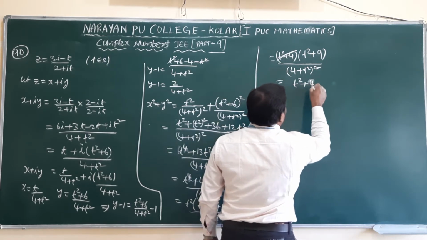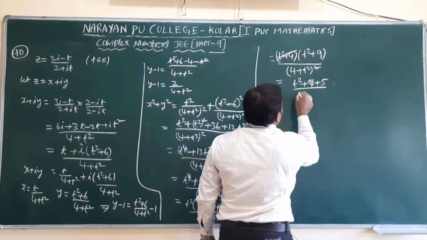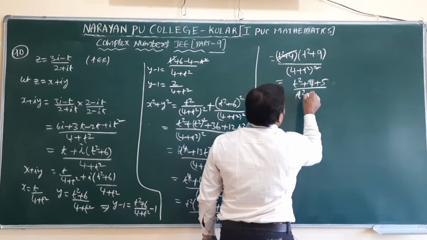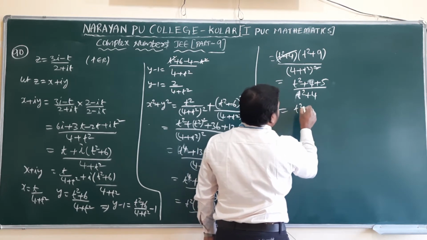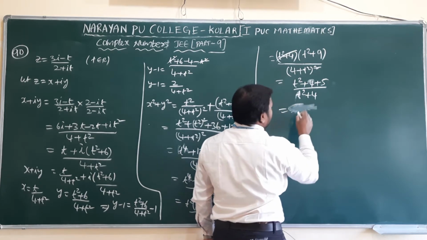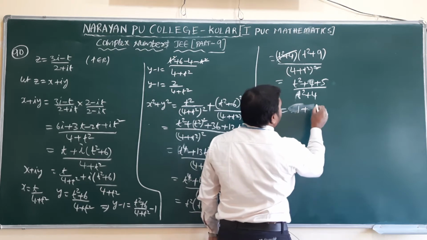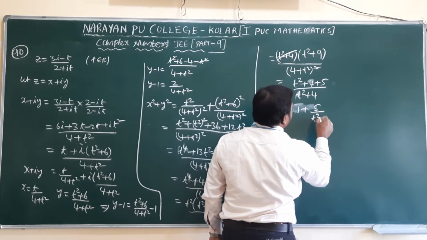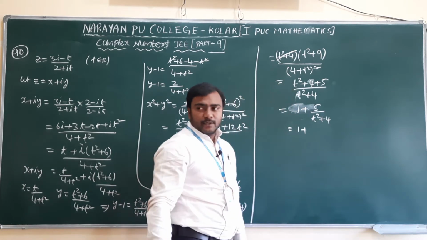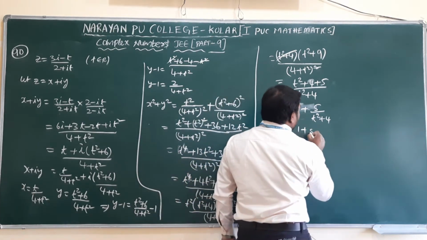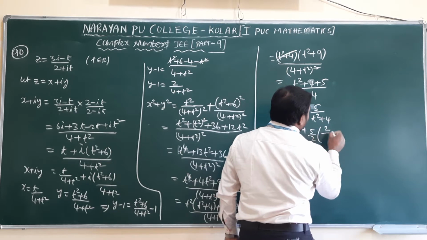It can be written as 4 plus 5, divided by t square plus 4. So t square plus 4 we can simplify, here we are getting 1 plus 5 by t square plus 4, that is 1 plus, multiplying and dividing by 2, 5 by 2 into 2 divided by t square plus 4.